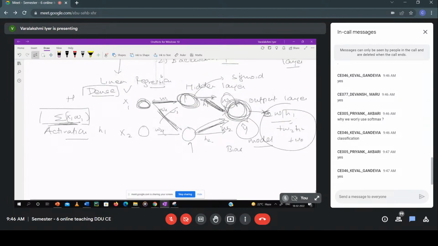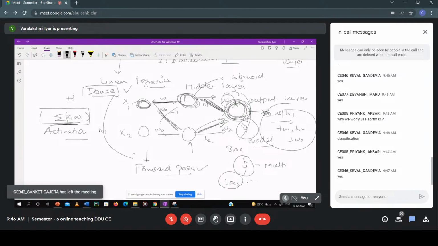So this whole process is called forward pass: we are passing the input through the hidden layers present in the multi-layer perceptron and generating an output, and then we'll calculate the loss associated with it.